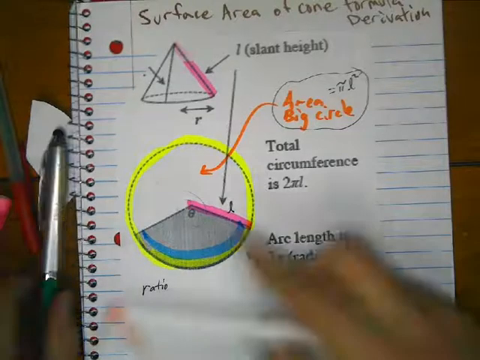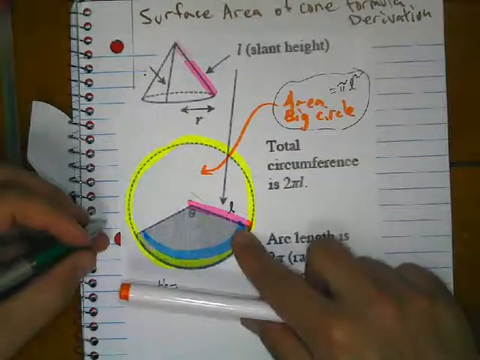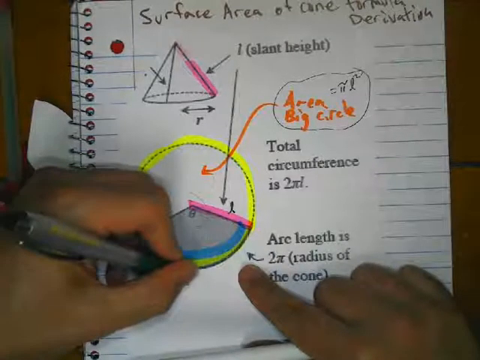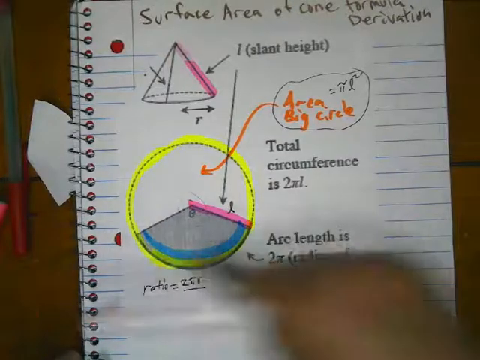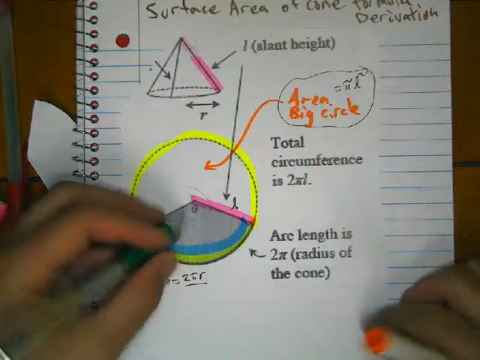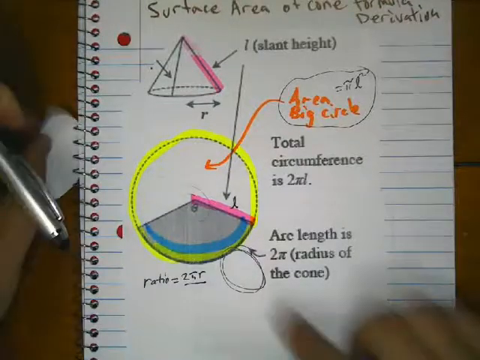This blue line here is 2 pi r, because this is the circle on the bottom.